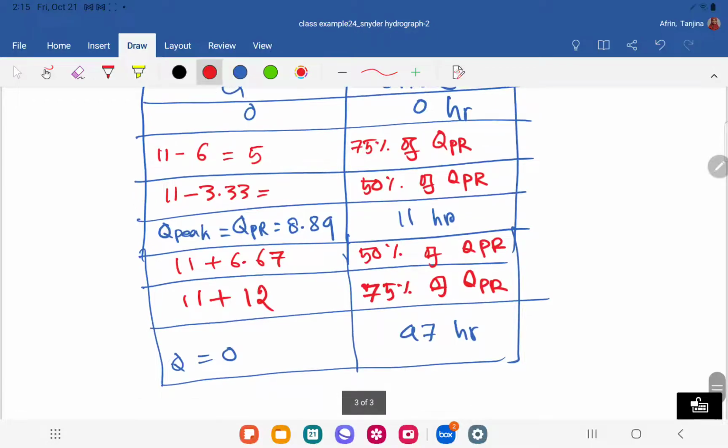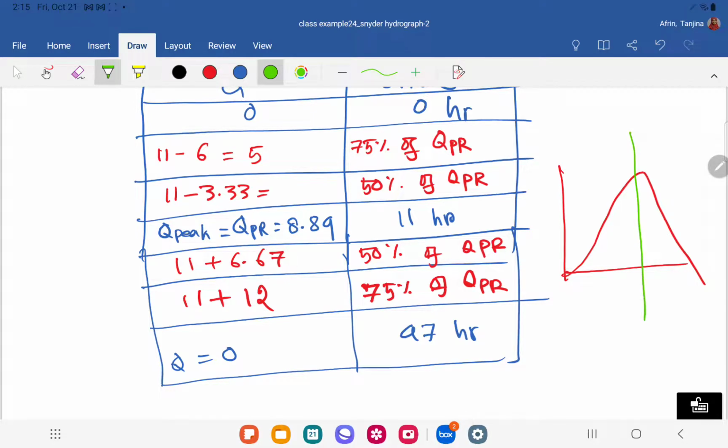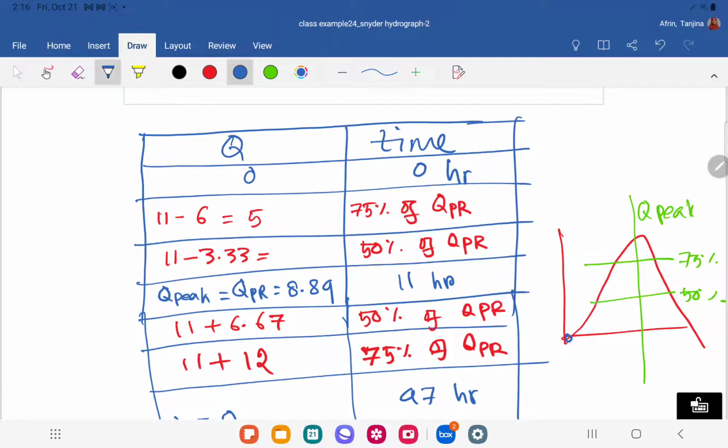Now you may wonder why I wrote in that sequence, because if you draw this one, that is your peak, and that is the 75%, that is the 50%. So if you notice now, 0, then 50% and 75% and the peak.